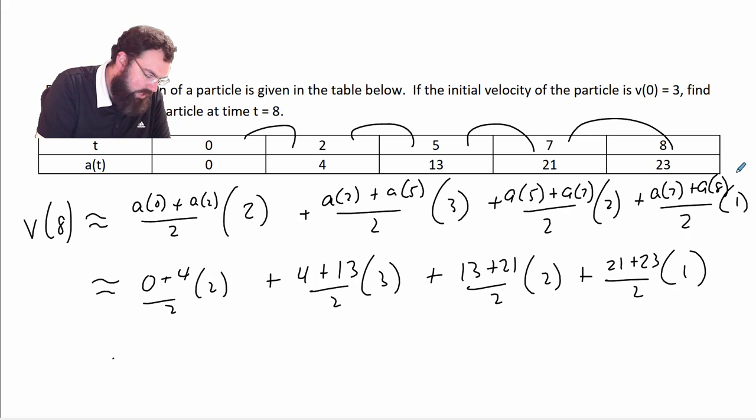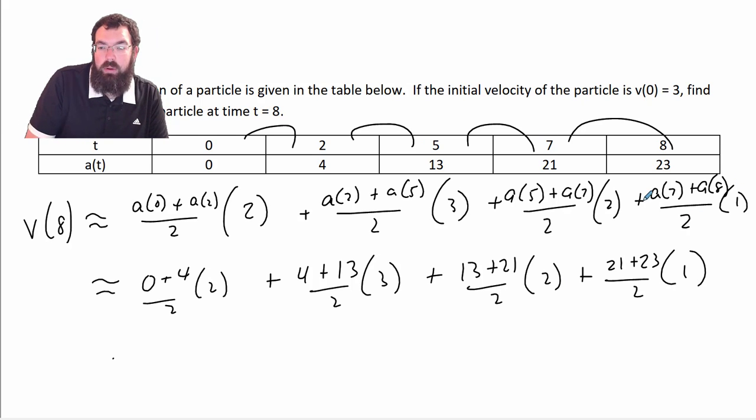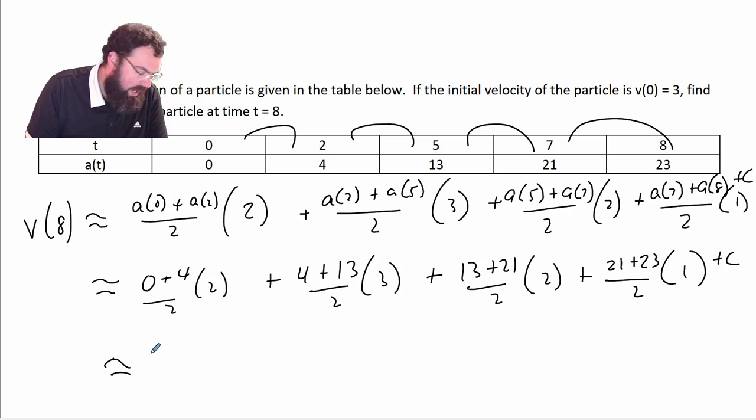Oh, I'm sorry, I forgot to do something. Remember, we're finding the initial condition, so this is really a plus c at the end. So there's some value of c, okay, at the end. All right, so we know that this is going to be equal to about 85.5.